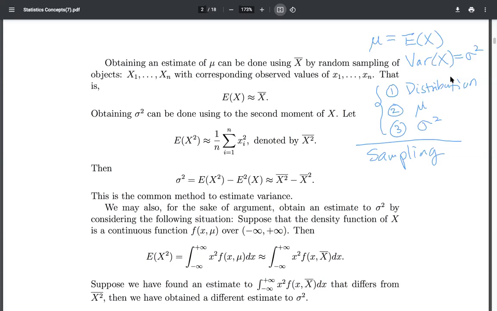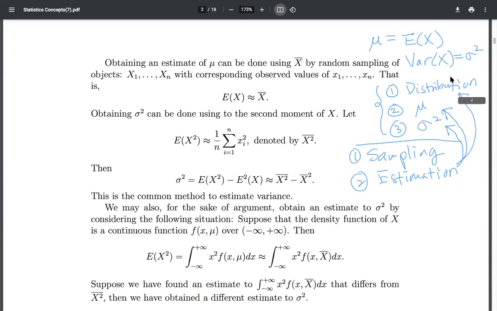So this is sampling. So anything that's related to sampling, you have to come up with an estimation. So this is the method. Estimation of what? Estimation of these three things.